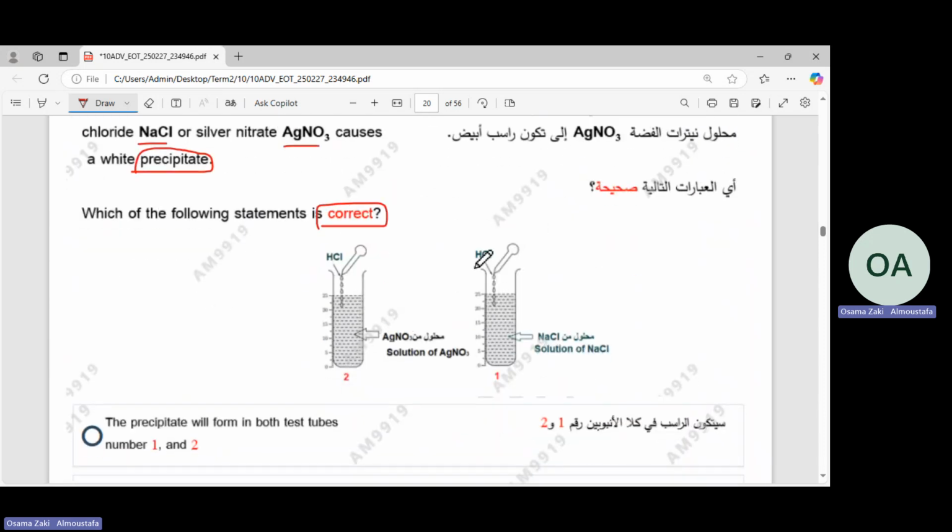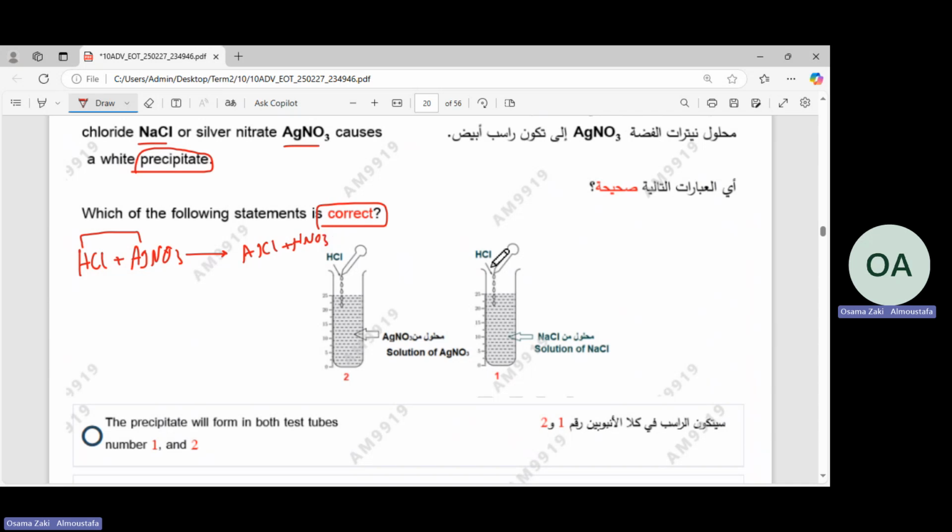And what do we have here? We have HCl and NaCl. So let's check here. We have HCl and AgNO3, so double replacement. So you will swap between H and Ag or Cl and NO3, it's up to you. So we have AgCl and HNO3.